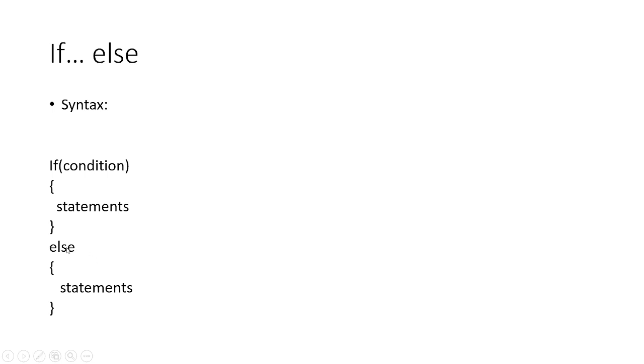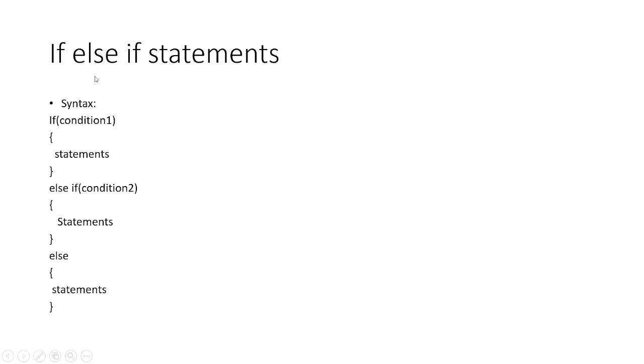Now make sure that else is always preceded by an if statement, and the second thing is else cannot have any condition. So we cannot write an else statement without if, and we cannot write any condition with an else statement.